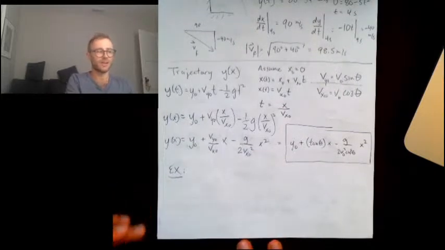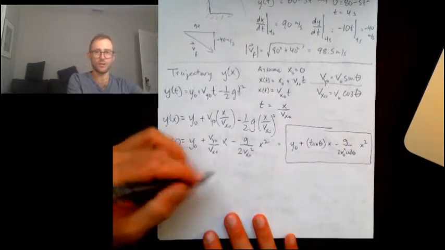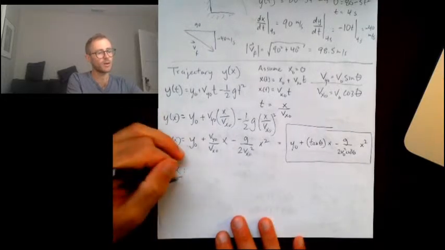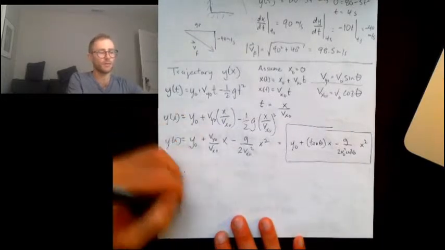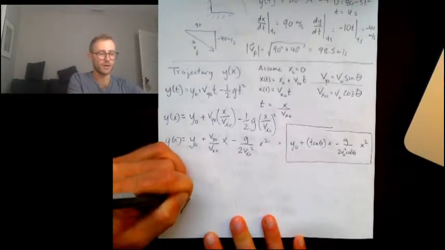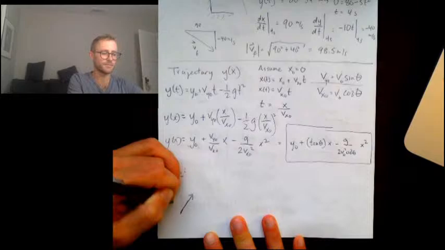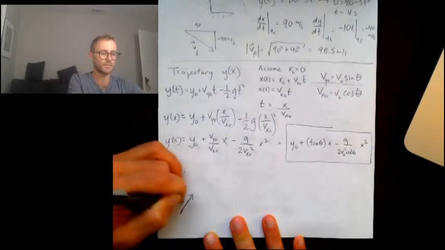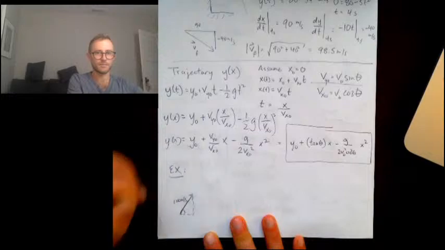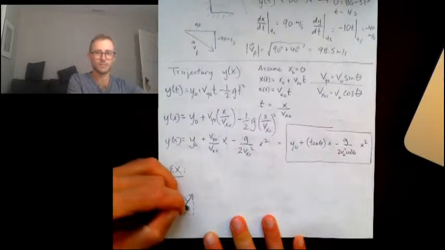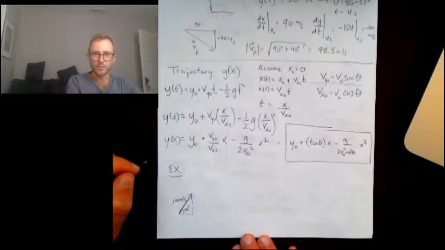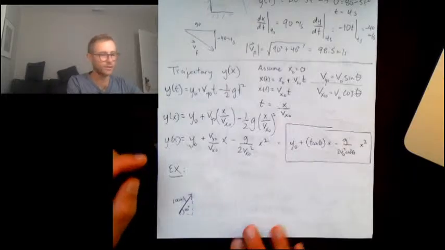Let's suppose, again, we have that same launch that we had before. It was 100 meters per second at an angle of 40 degrees. Okay, 100 meters per second at an angle of 40 degrees.